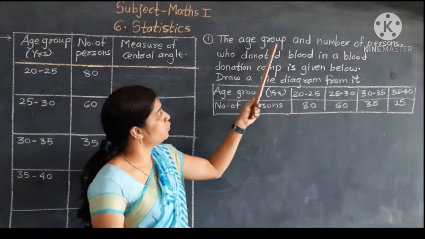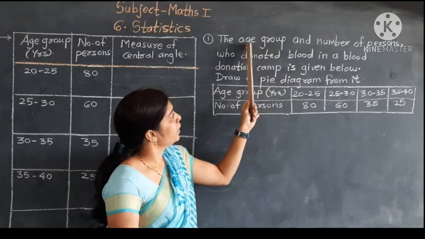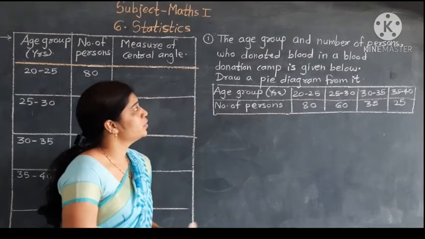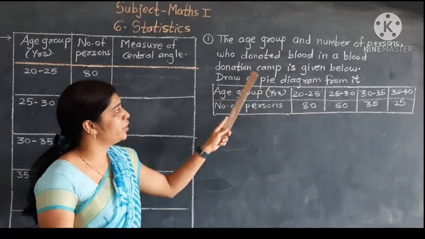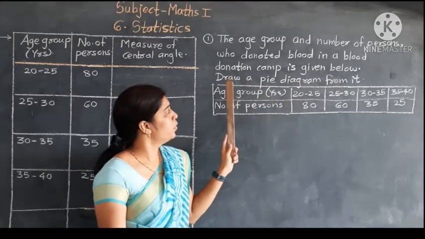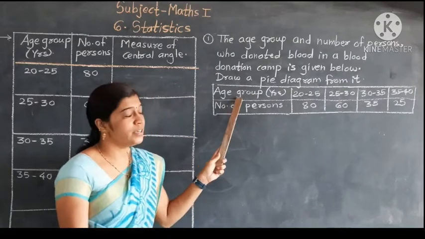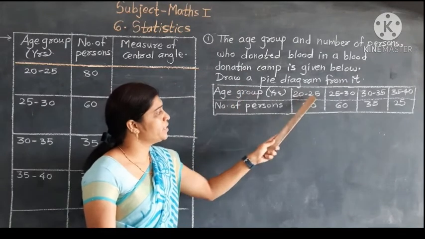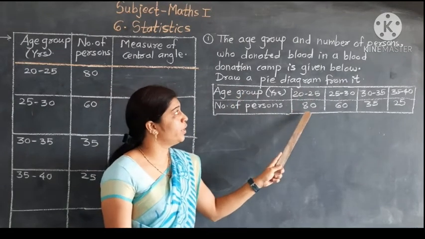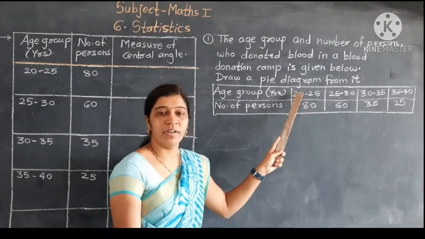The age group and number of persons who donated blood in a blood donation camp is given below. Draw a pie diagram from it. See here, age group is given and number of persons who donated the blood is given.